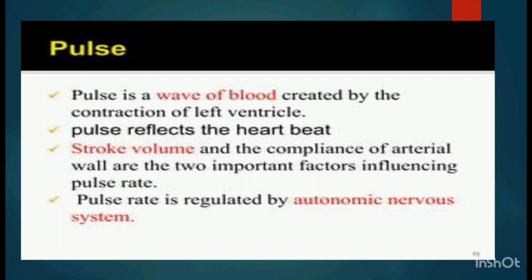Now next is pulse. Pulse is a wave of blood created by the contraction of the left ventricle. Pulse reflects the heartbeat, with stroke volume and compliance of the arterial wall being the two important factors influencing pulse rate. Pulse rate is regulated by the autonomic nervous system.